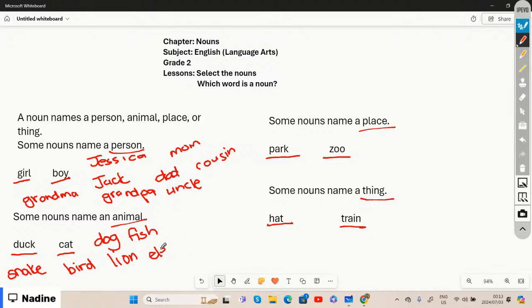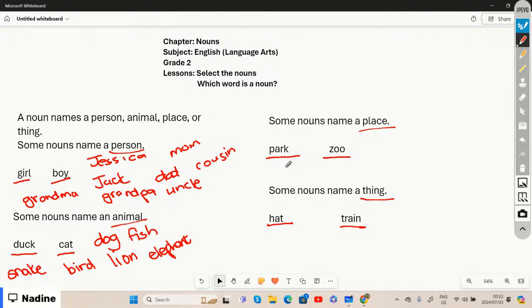Cheetah, elephant, right? These are but a few animals, right? That nouns also names. So far we said nouns names a person and we made mention of a few people, names an animal, and we made mention of a few animals.